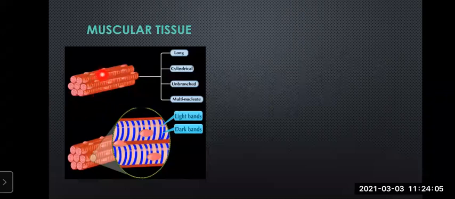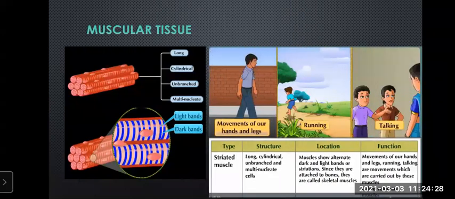It is striated. Striated means it has dark and light bands. You can clearly observe in this picture the dark red and the light red bands. This is actually seen when you observe a section of the muscle under the microscope. Because of these dark and light bands, it is also known as striated muscle.